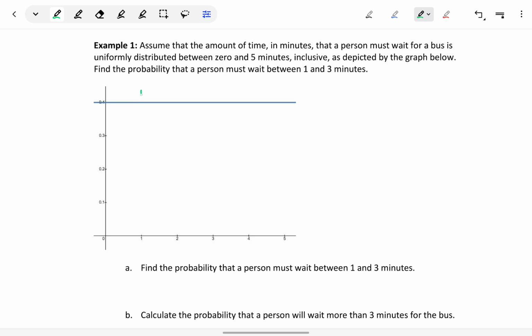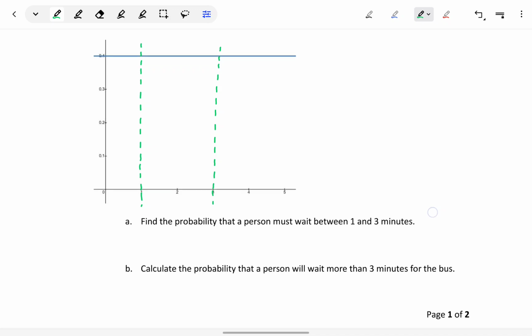To do that, we would look at identifying the probability that a person waits 1 minute, and the probability that a person waits 3 minutes. And what we want to do is find the probability of those values and what's in between, meaning we're finding the probability that 1 is less than or equal to x is less than or equal to 3.